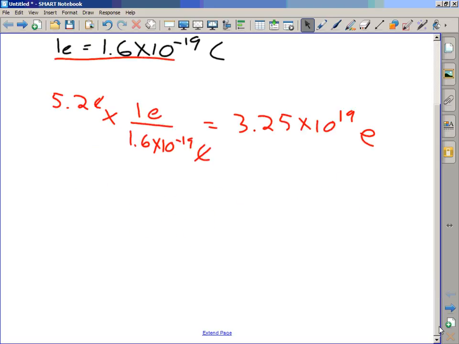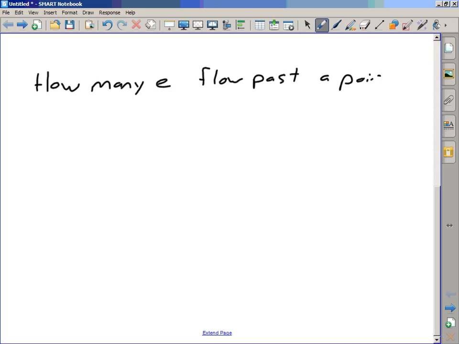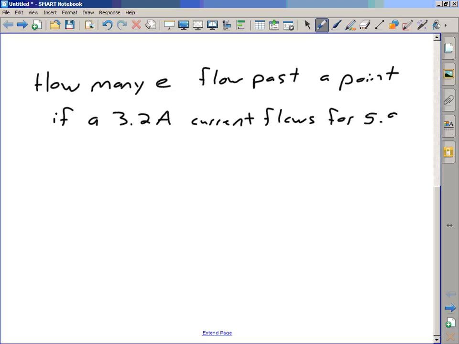Now, let me work another example problem. How many electrons flew past the point if a 3.2 amp current flows for 5.9 seconds?